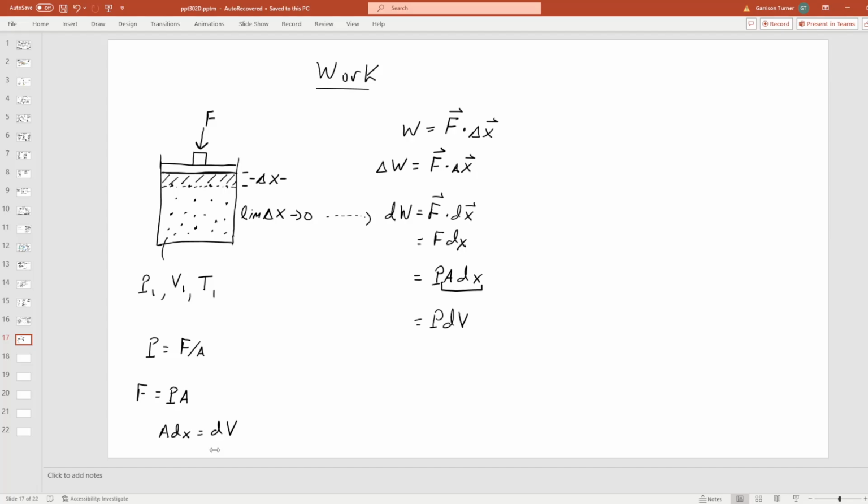Work will be done when I have pressure and my volume changing. What this really means is this equation is solvable if we integrate between our two volumes. So the idea here is that we need to find pressure as a function of volume.